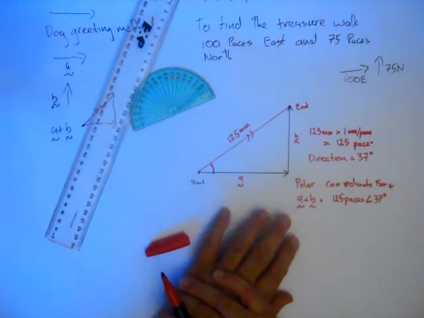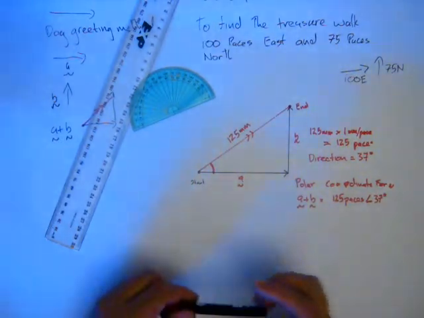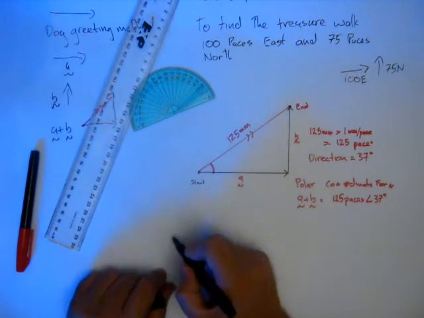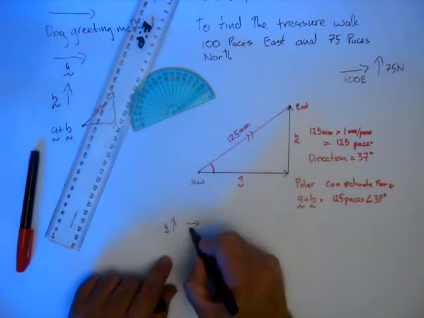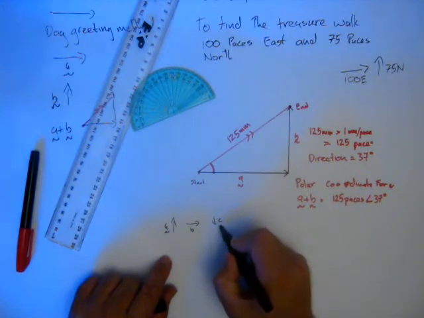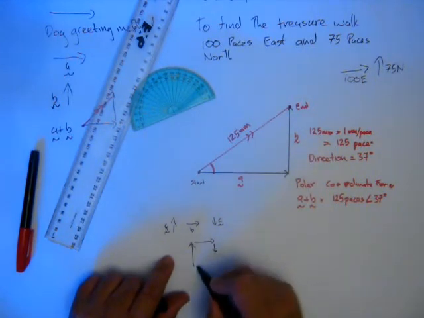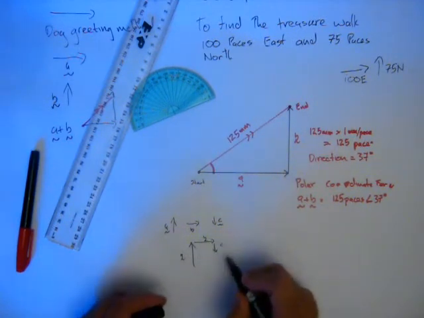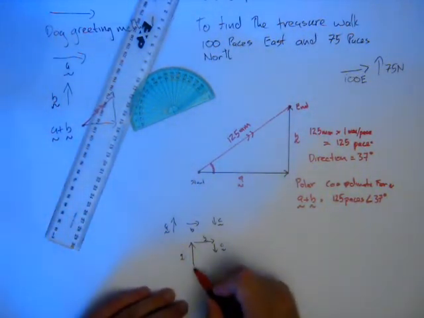And remember, the more vectors you have, you stick them nose to tail. So if I have three vectors, A plus B plus C, we can do the same thing. I go A, B, C, and this is where I start.